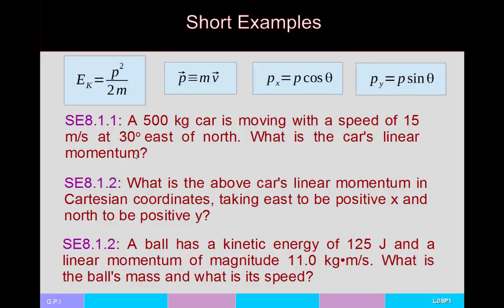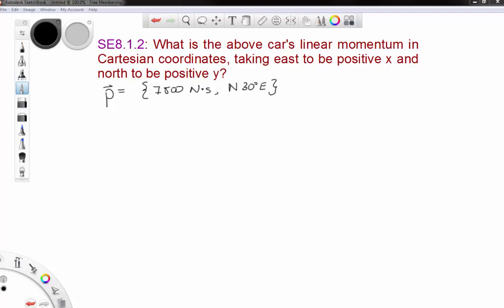Our second example sort of builds off of the first one and asks, how can you convert the momentum that we found in the first part into Cartesian coordinates, with east being positive x and north being positive y? So this is the momentum that we found at the end of the last problem. Might be worth drawing for ourselves a little diagram of what this looks like.